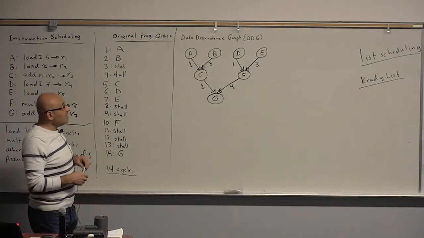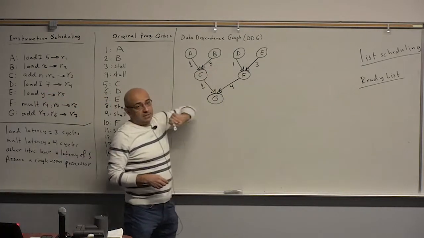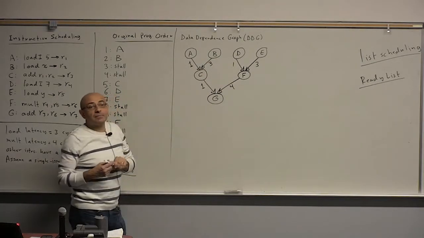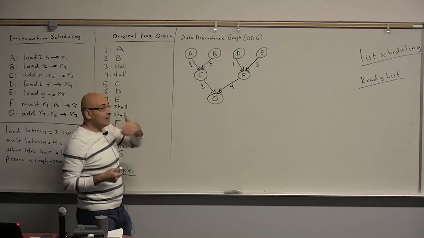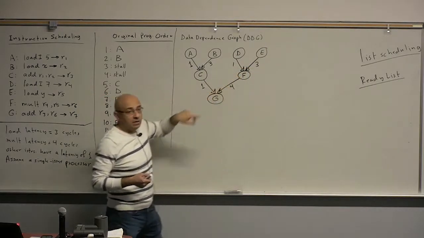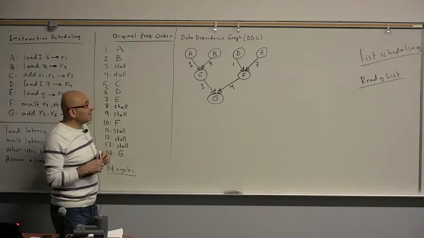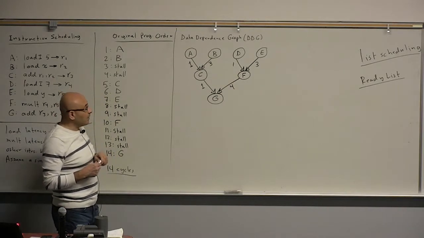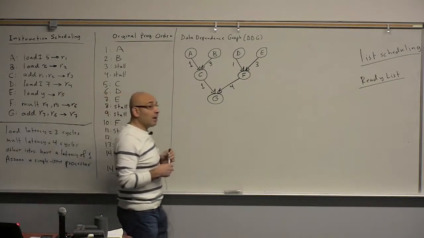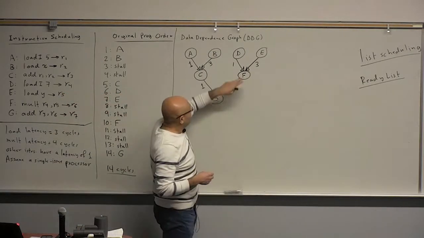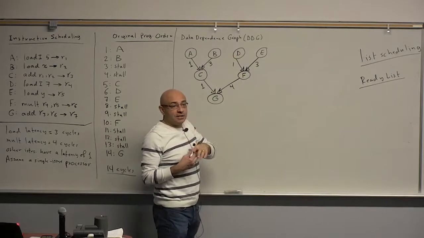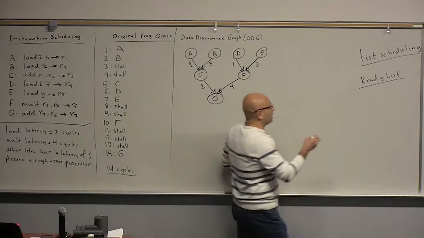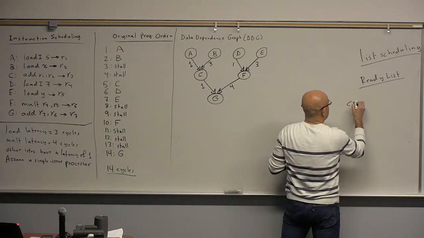So in fact, E is a good choice because the choice of E takes into account the length of the dependence chain below E. And this is in fact a typical approach, a typical priority scheme that compilers implement, looking at the length of the dependence chain below each instruction, or looking at what is called the critical path distance.